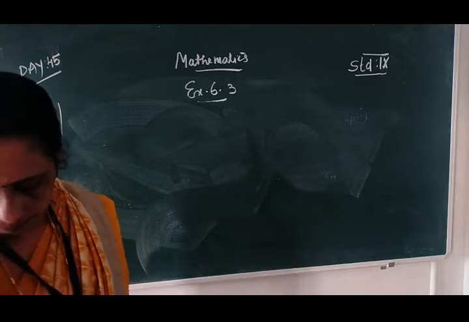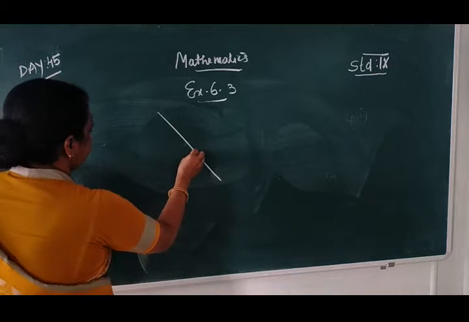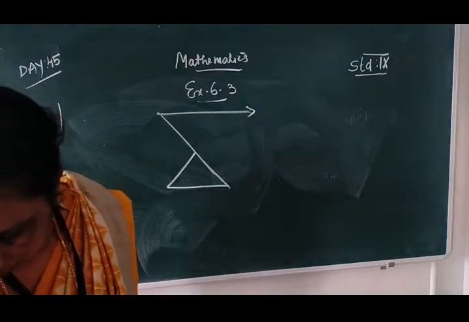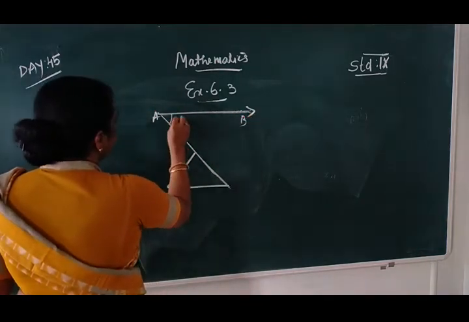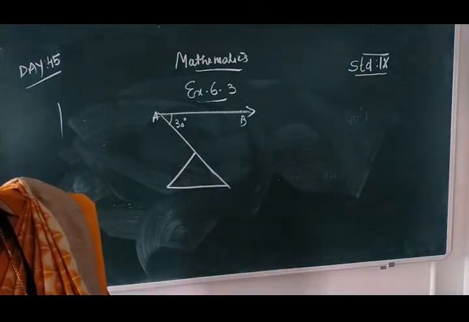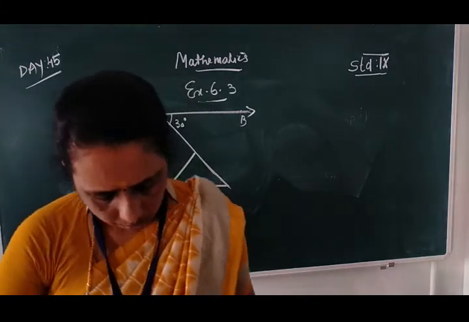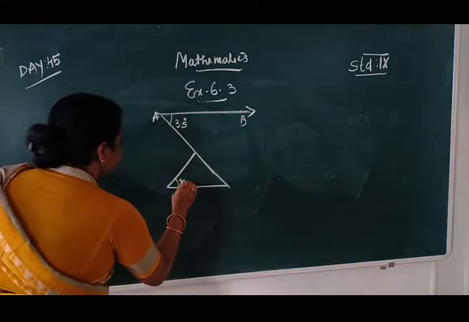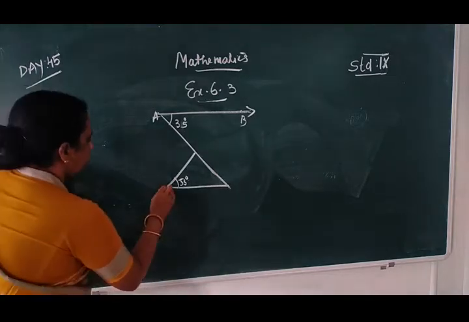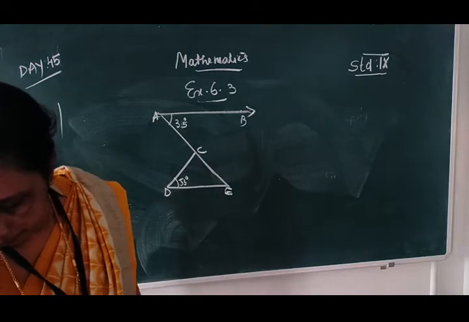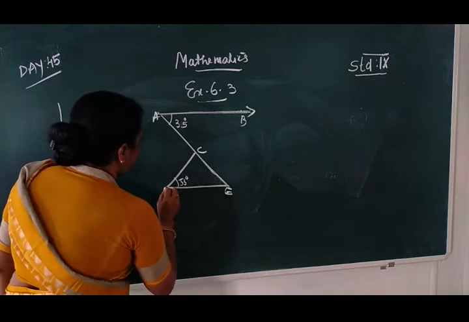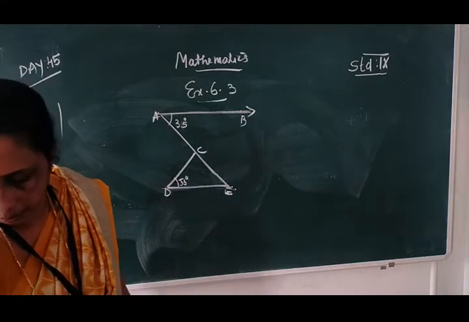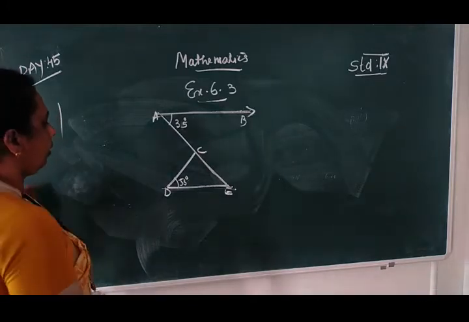AB parallel to DE. Angle BAC is 35 degrees, and this one is 53 degrees, angle CDE. AB is parallel to DE, angle CDE is 53 degrees, and we want to find angle DCE.